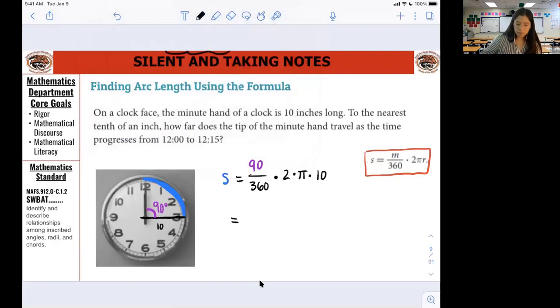So go ahead, plug all those numbers into your calculator. 90 divided by 360 times 20. All right, so 15.7, that's your final answer, right?